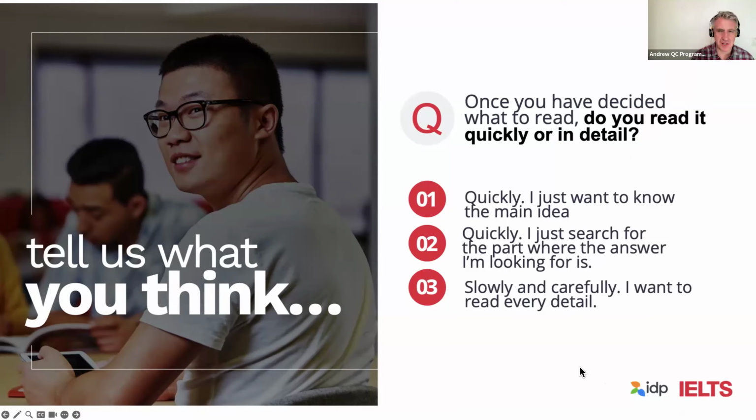So then once you have decided what to read, do you read it quickly or in detail? That depends. Mood, interest, perhaps something about what is happening nowadays. But you know, I have noticed about the IELTS exam, those are kind of familiar texts, about technology, about education.